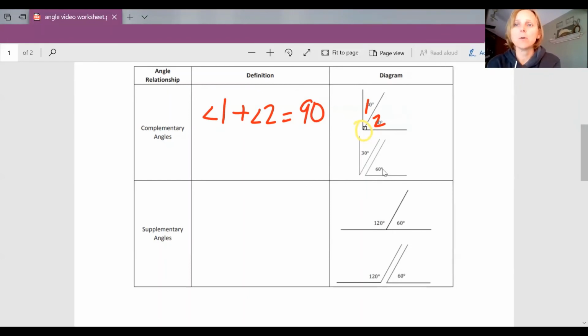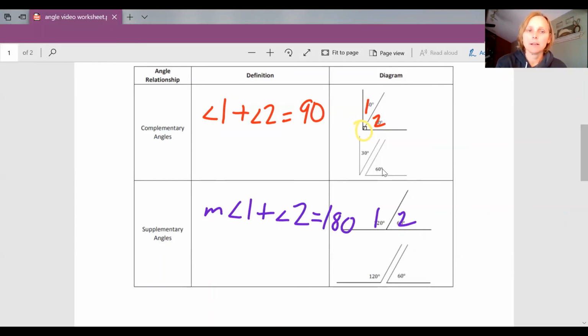Okay, so if I name this one 1 and this one 2, I can say that the measure of angle 1 plus the measure of angle 2 equals 180. Okay, and just like in the first example, they can be adjacent, like in this first diagram, they're attached, so they're adjacent angles, but they don't have to be.